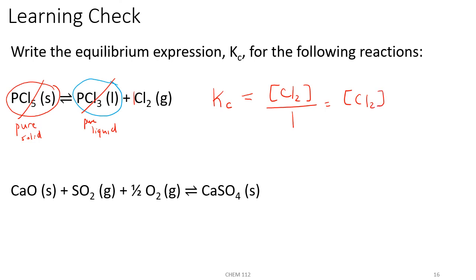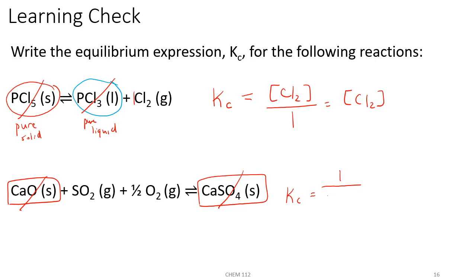For our second one, we have solid calcium oxide reacting with sulfur dioxide gas plus half a mole of oxygen gas to form solid calcium sulfate. The calcium oxide and the calcium sulfate represent pure solids, so those do not go in the equilibrium expression. So our K sub C will be equal to products over reactants. We have no products to really write, so we just put a 1 up there.